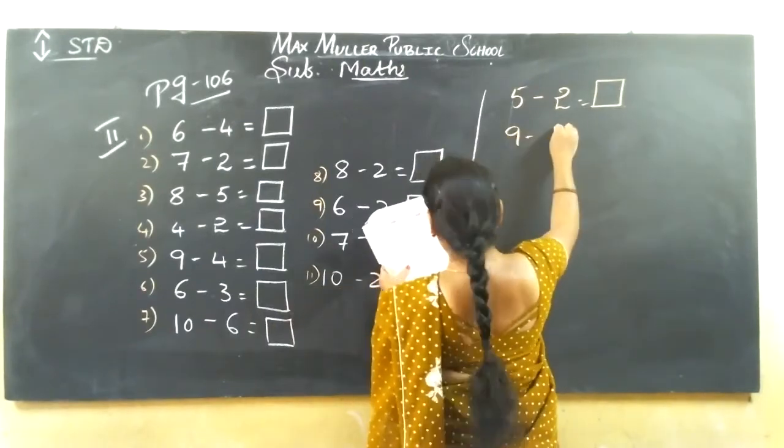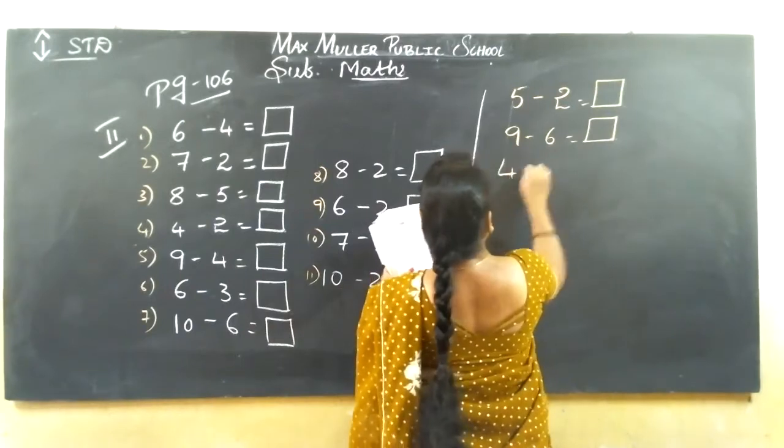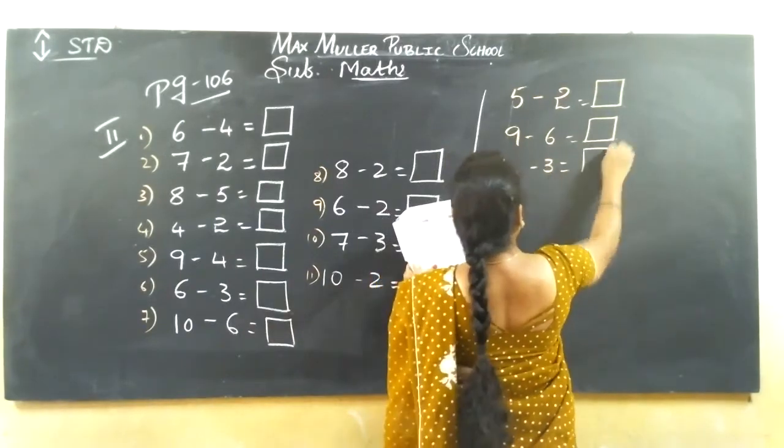Questions are all printed in your book, children. You should count and do the answers correctly and write it in the empty box. Okay.